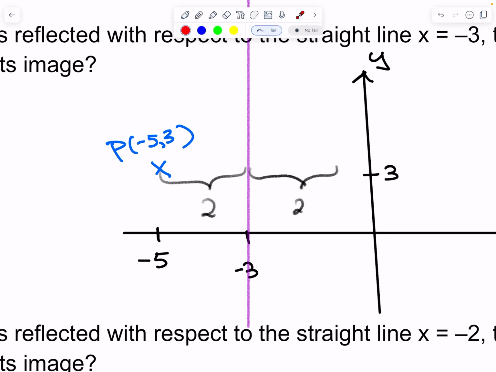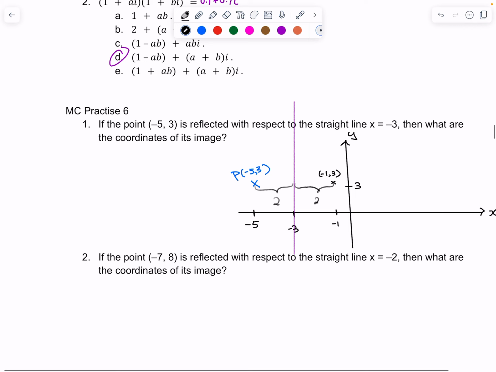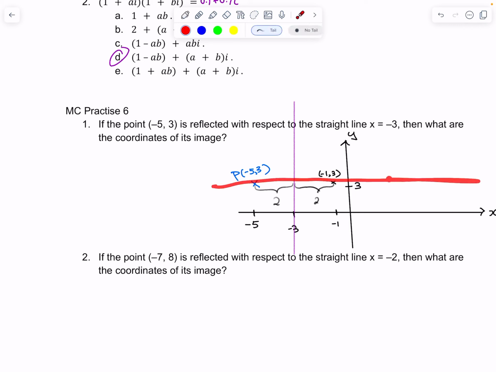So if your mirror is at negative 3 and then you need 2 steps, so where will you go to? You will be going to negative 1. So your new point is -1 and 3. Your height won't change because you're just reflection. So your final answer is -1 and 3.